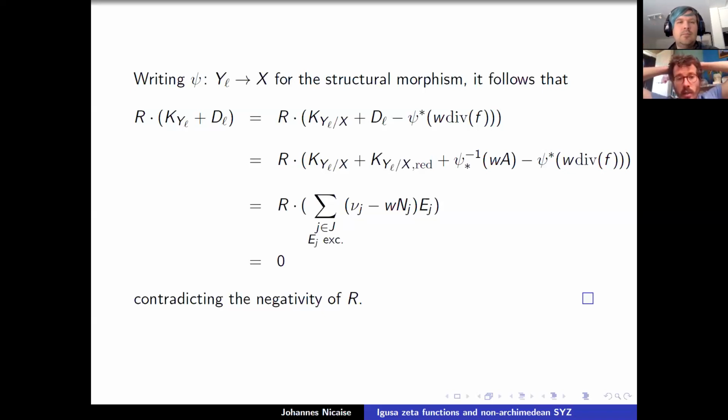So either you take the birational map from Y to YL and you take the push forward of dy. But that's actually the same thing as taking the reduced exceptional locus of the morphism psi plus the strict transform of the divisor of F. Plus the strict transform of dx. That's right.